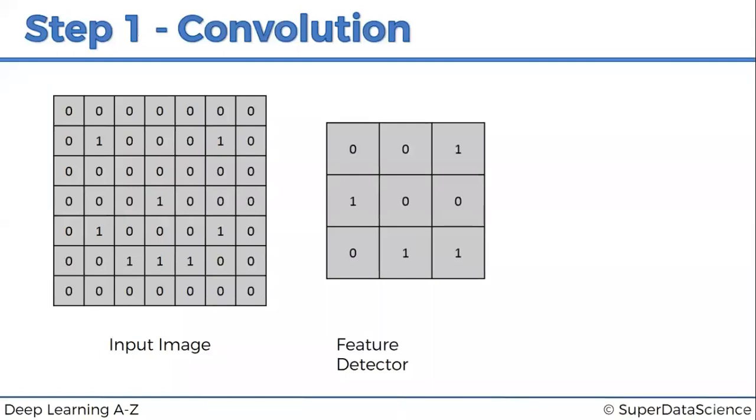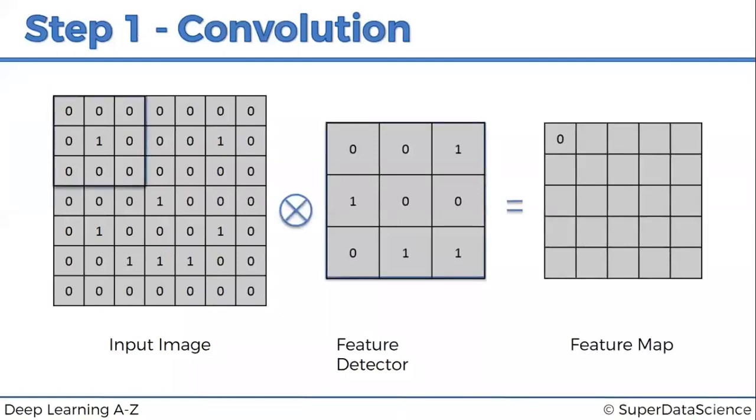And a convolution operation is signified by an X in a circle, just as you saw in the formulas before. On an intuitive level, thinking of what is actually happening in the background rather than the mathematics, you take this feature detector or filter and put it on your image like you see on the left. So you cover, in this case, the 9 pixels in the top left corner, and you multiply each value by the respective value.